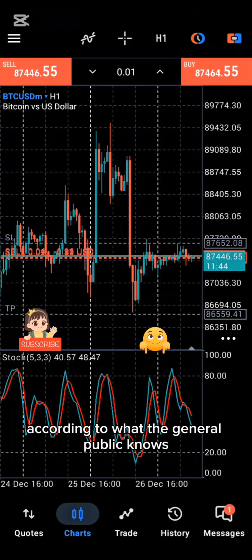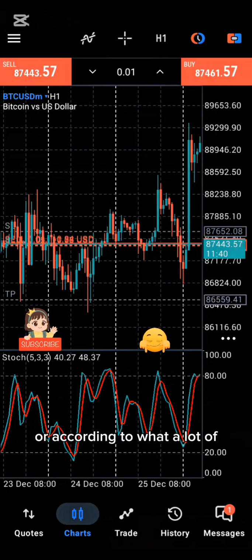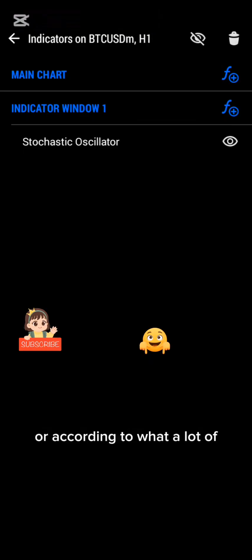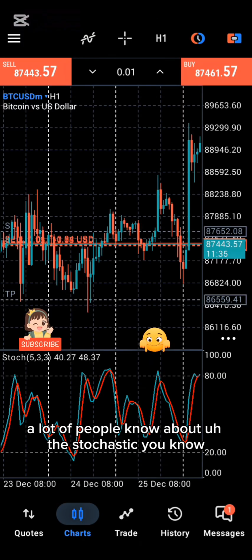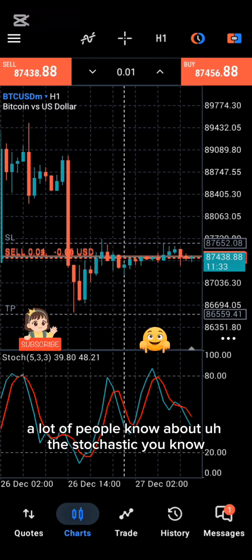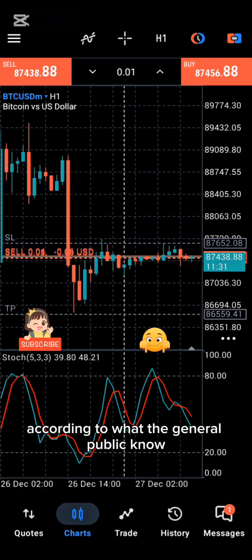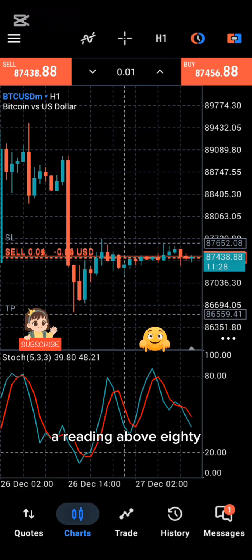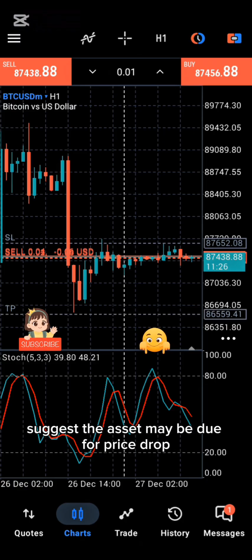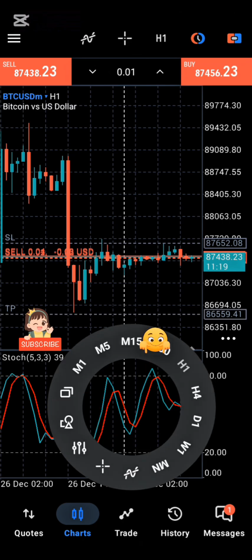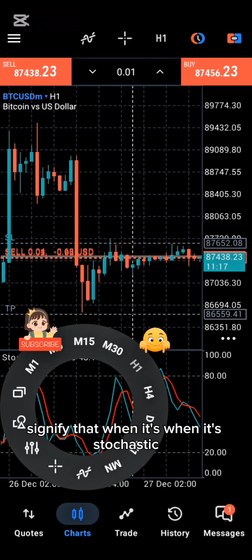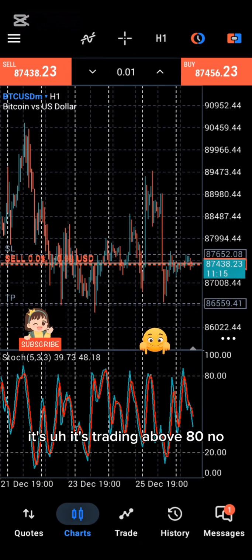Now, according to what the general public knows, or according to what a lot of people know about the stochastic, a reading above 80 suggests the asset may be due for a price drop. They always signify that when its stochastic is trading above 80.